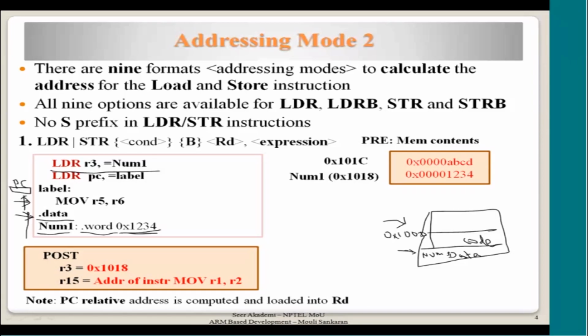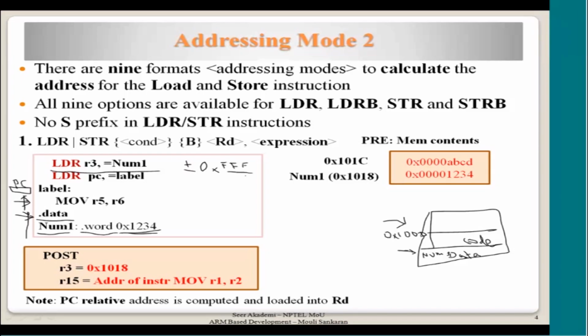So what is the advantage we get? We don't have to give all the 32-bit value to the instruction. You can take the current PC value and then either add or subtract this 12-bit offset, which could be a maximum of this much. Why am I writing F? There is a maximum value. I am writing 3 Fs, and each F is going to take 4 bits.